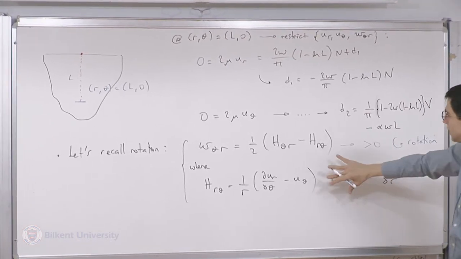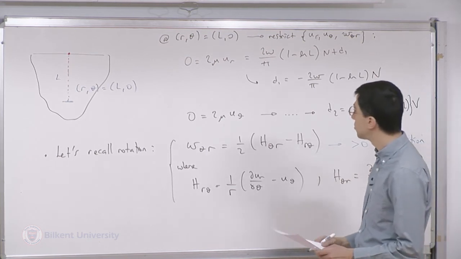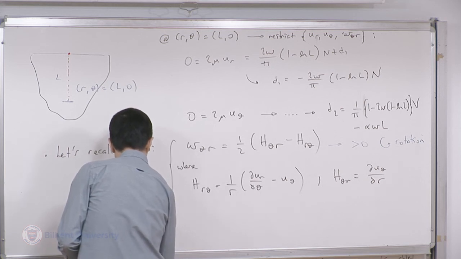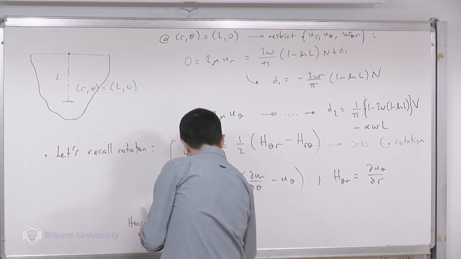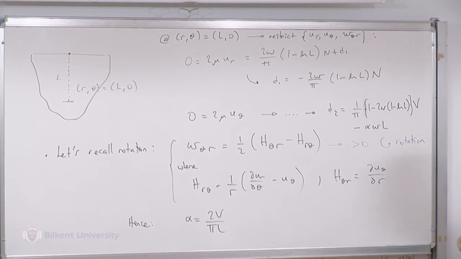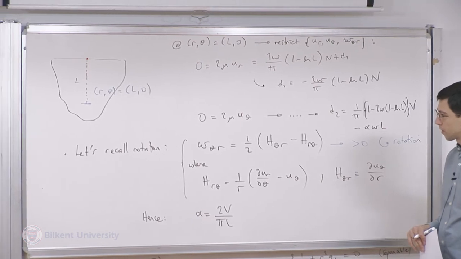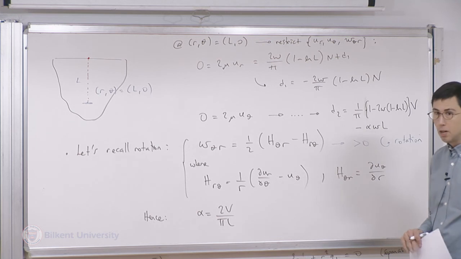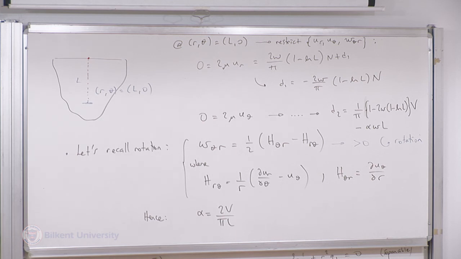And from the last requirement that omega_theta_r has to vanish at r equals L, theta equals 0, you find out that alpha is equal to, actually, the calculations take a few lines, but the result is very simple. It's 2v over pi L. Okay, so that's about the solution. There's nothing more to do.